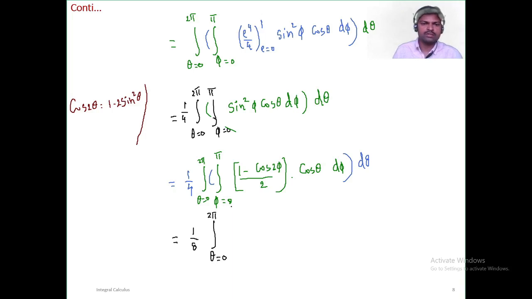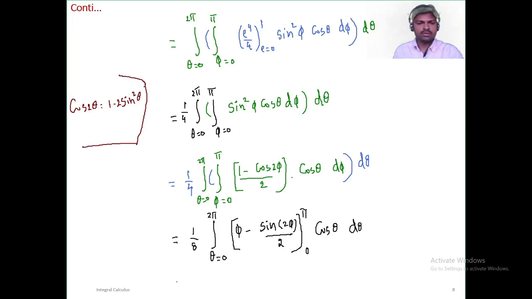Now let us evaluate this, half is gone. With respect to phi, phi minus the integration of cos 2 phi, which is sine 2 phi by 2, not derivative, integration, with phi limits 0 to pi. After that, cos theta will remain, d theta.